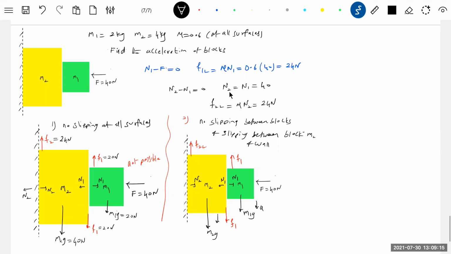Sir, what is this? That's what I assumed. Slipping occurs between the wall and the block, so this will be moving down. No slipping means with whatever acceleration block M2 moves, the same acceleration block M1 should move. Let's write the equation. We'll solve for F1. If F1 is less than F1L, okay, fine. We are correct, we are on the safer side, meaning what we assumed is correct.